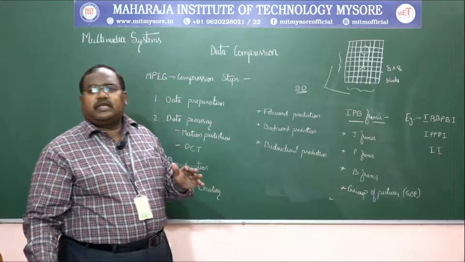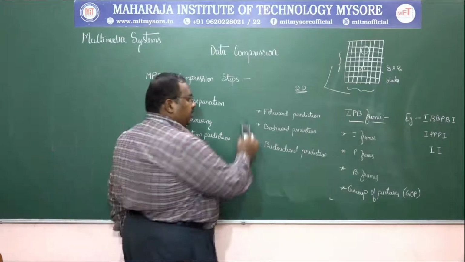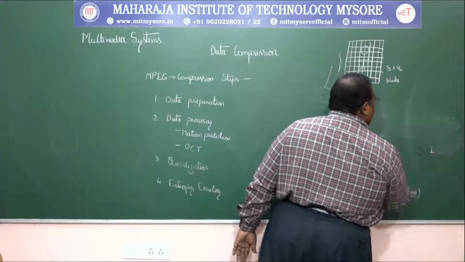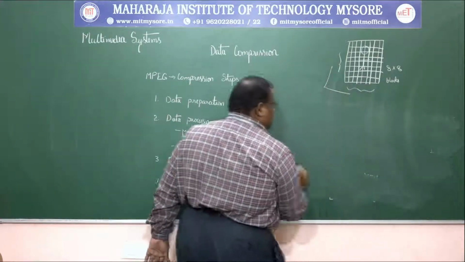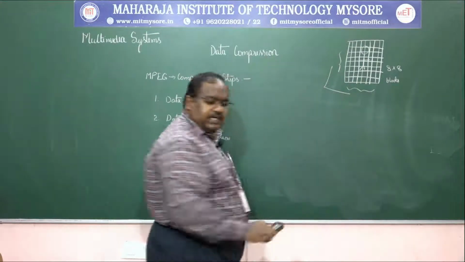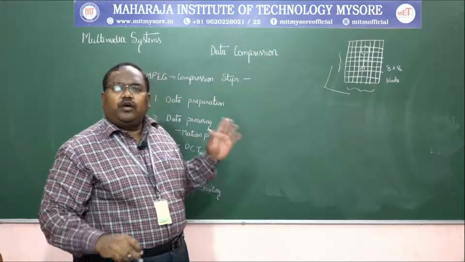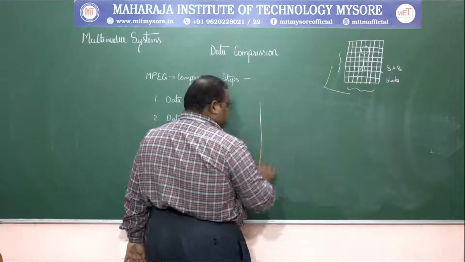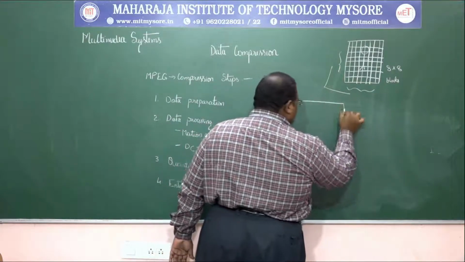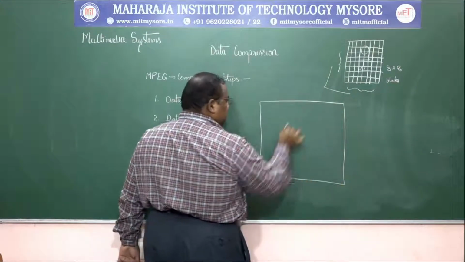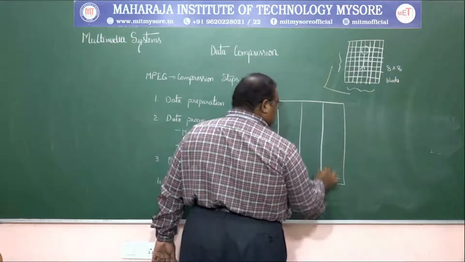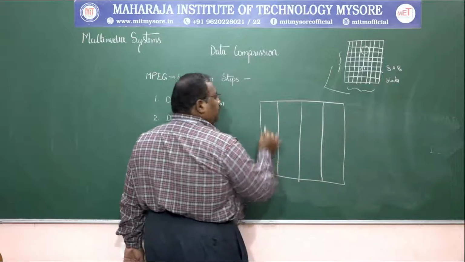How does this zigzag scanning work? Let us look into it. In order to represent that zigzag pattern, we need to have the matrix of 8 cross 8. We have 4 by 4.